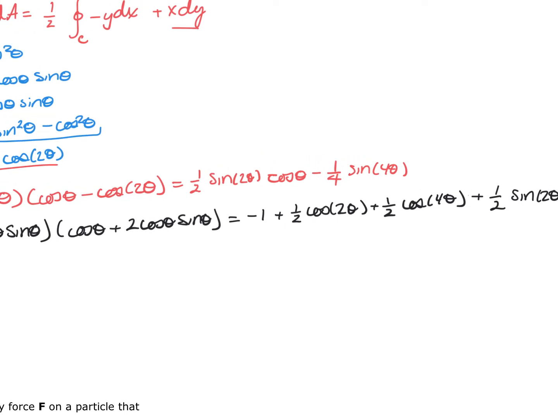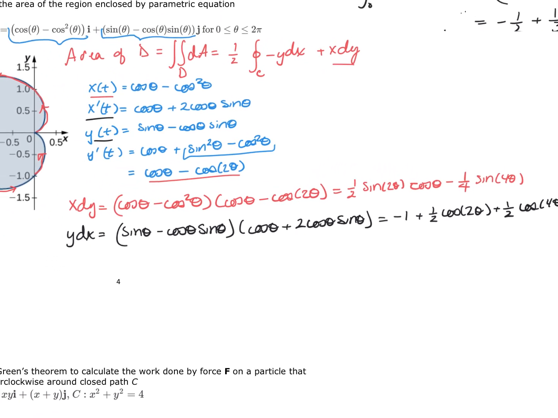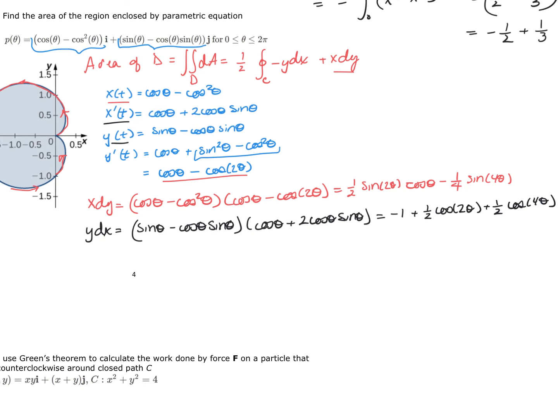Now, this is lovely. We can go back up to here and say, this is equal to 1/2 of this. So we have the 1/2, the circulation over the curve C, of -y, so this would become 1 minus 1/2 the cosine of 2 theta minus 1/2 the cosine of 4 theta.